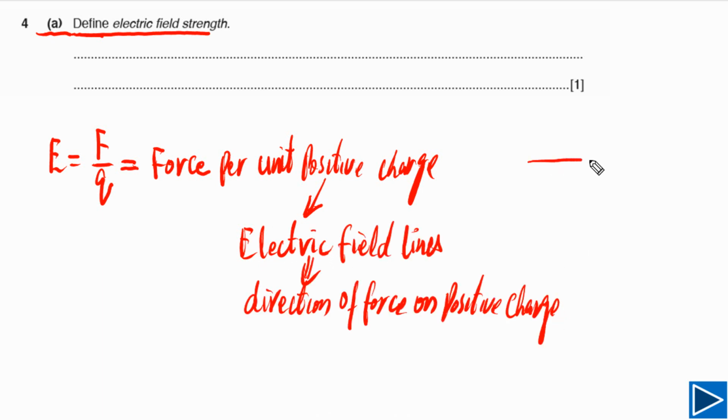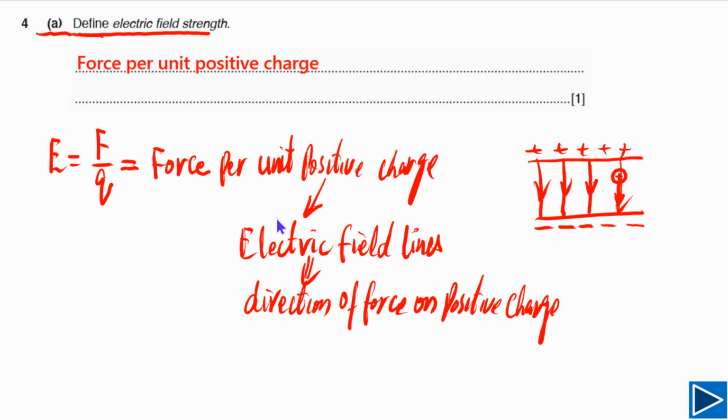It simply means that if we have two plates, let's say one plate is positively charged and the other plate is negatively charged, and we place a unit positive charge between these two plates, this charge will experience force downwards, and that is the direction of electric field. So simply we can say that E is equal to force per unit positive charge.